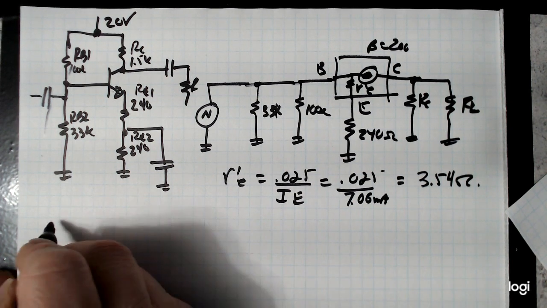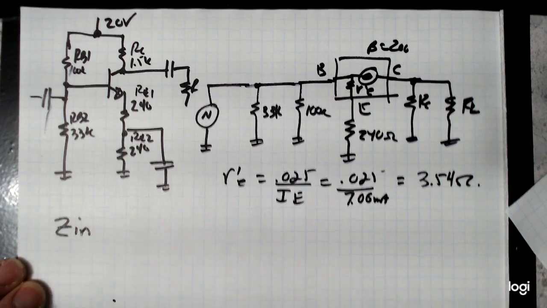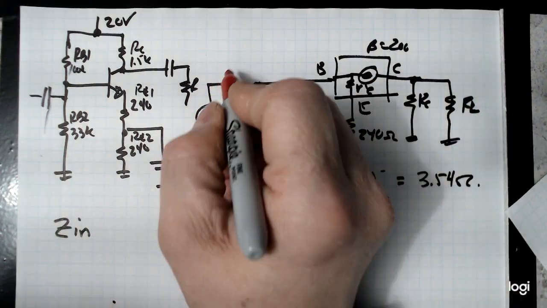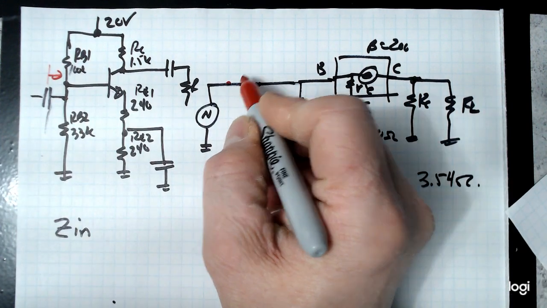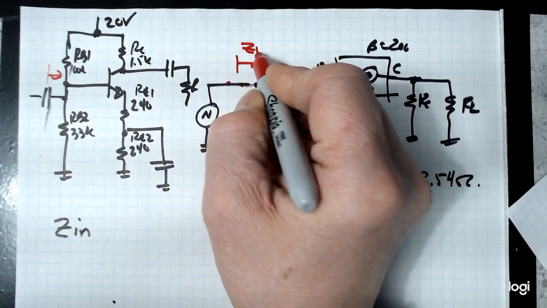Okay, so now from this we can solve for Zin. Zin, basically this is the capacitor here. That would be right over here. So this point looking that way is Zin.